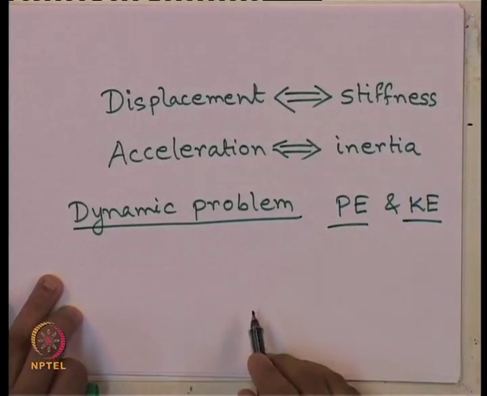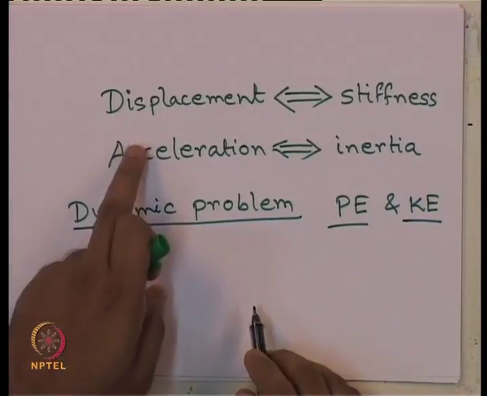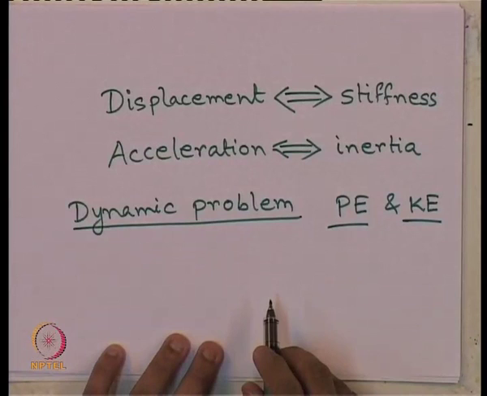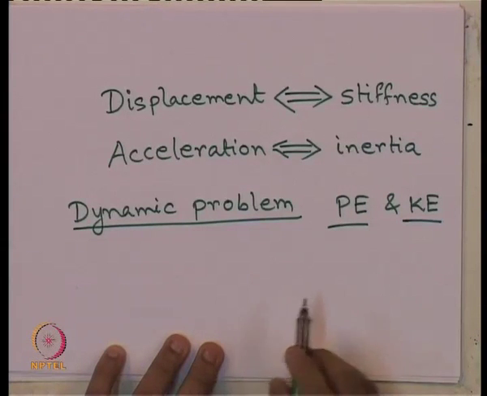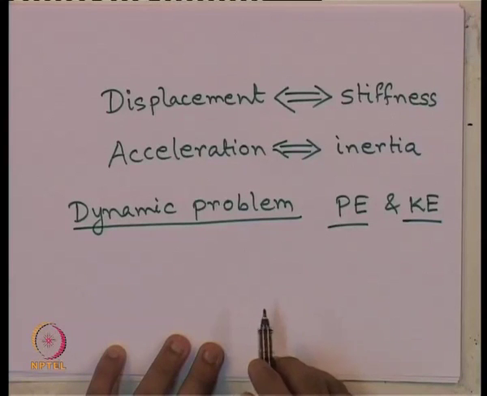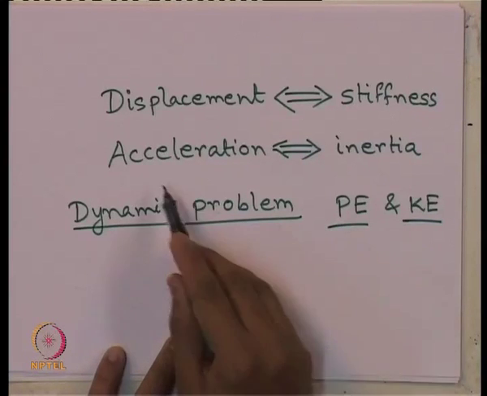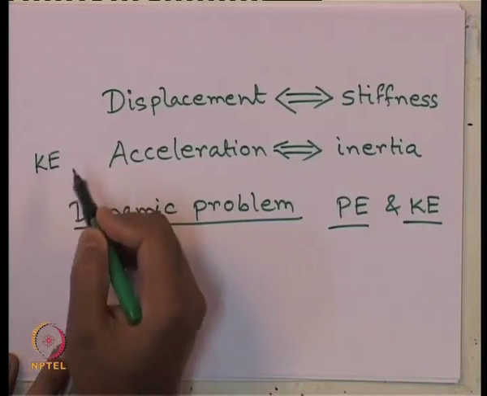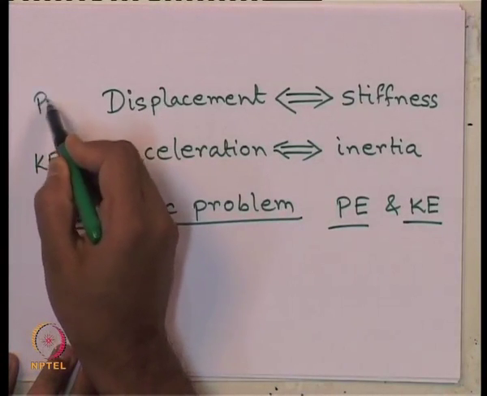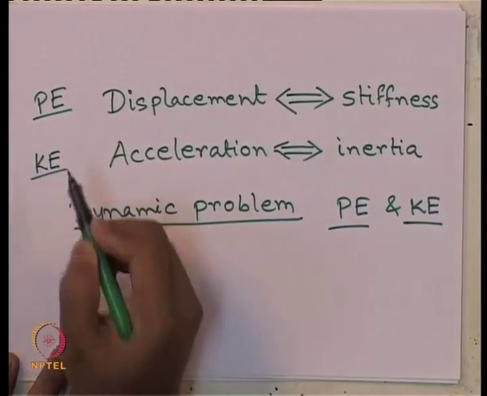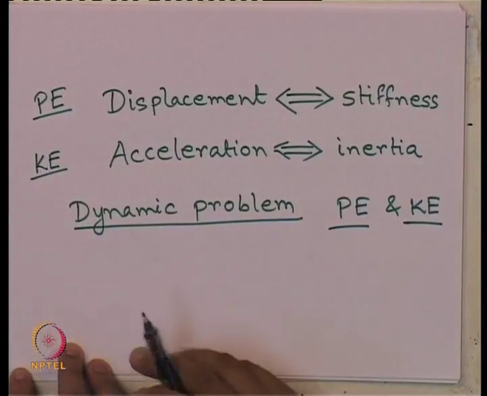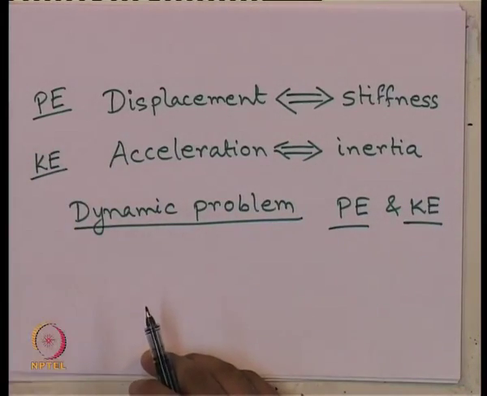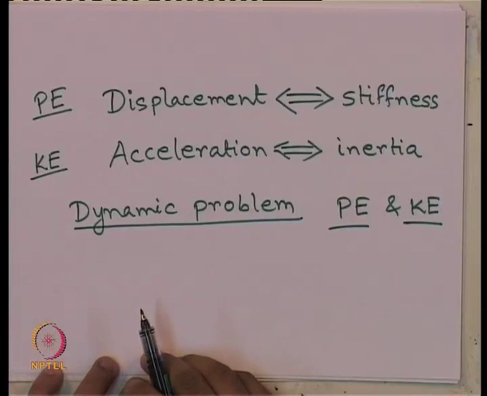To take care of these two issues, the displacement has to be related to the stiffness and acceleration has to be related to the inertia component. So, this relates to the kinetic energy component and this one relates to the potential energy component during the exchange of potential energy to kinetic energy and vice versa for vibration.